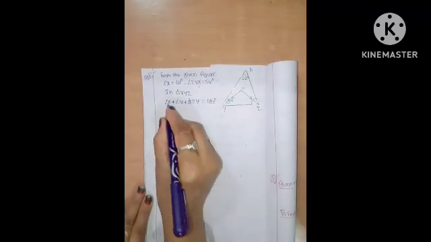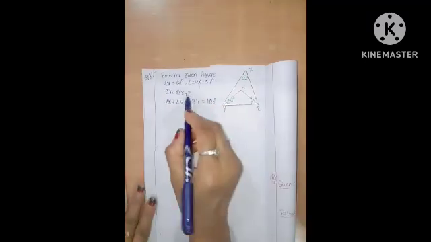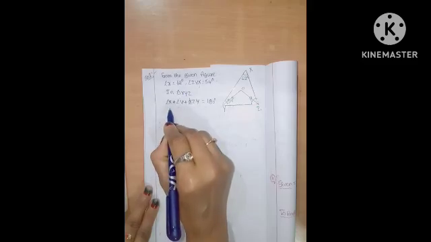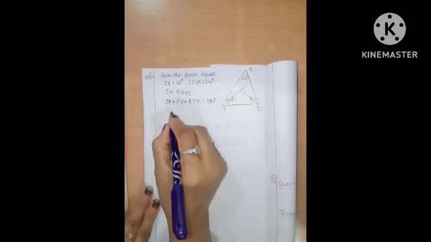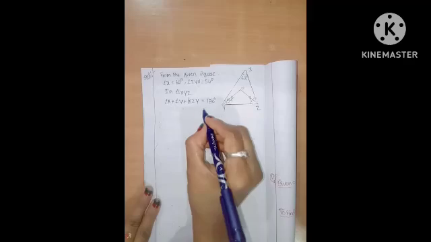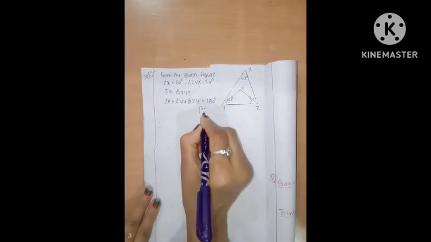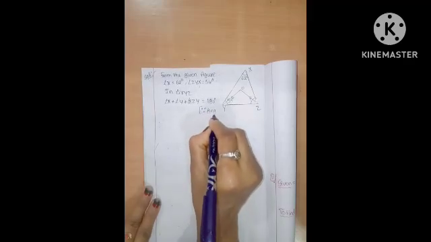Angle X is substituted here. Why is it equal, Gagan Sai? Which property are we using here? Since we are using the angle sum property.